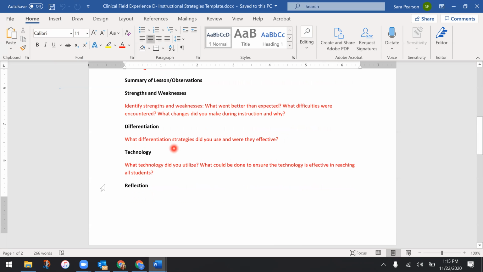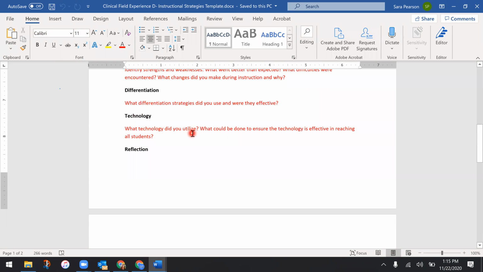Then we have our technology. What technology did you utilize? This will be really easy if you're doing the online instruction, but think about those applications you used. Not just that we were on Chromebooks or in a Google Meet, but did you utilize any other technology like Google Slides or Nearpod or Pear Deck or some of those other technologies we've seen used in the classroom right now?